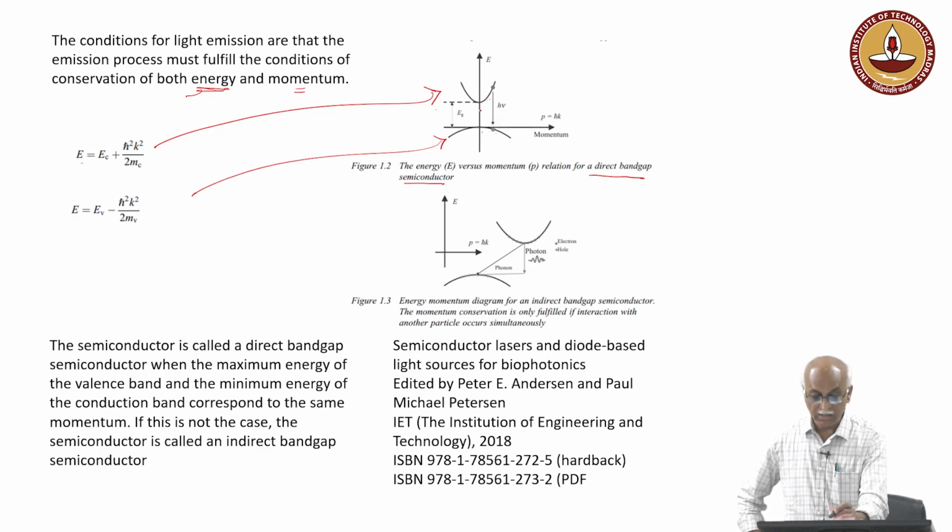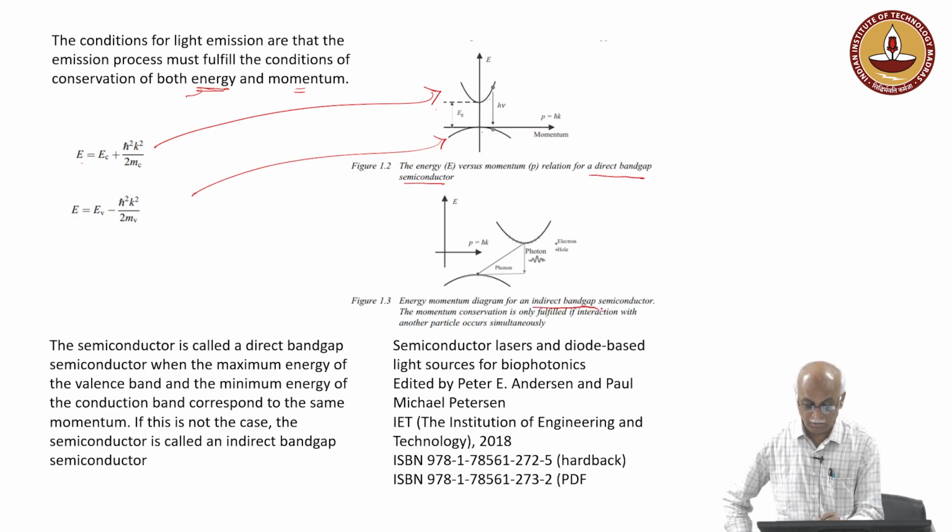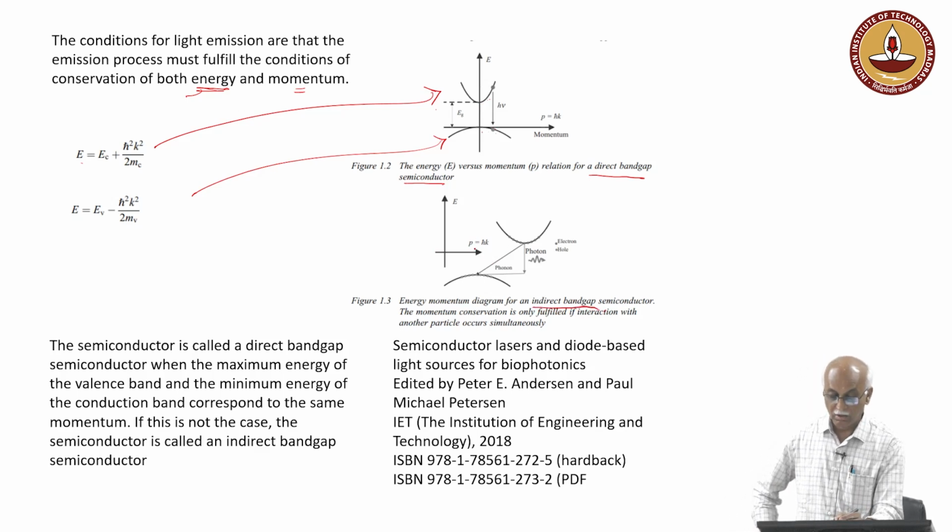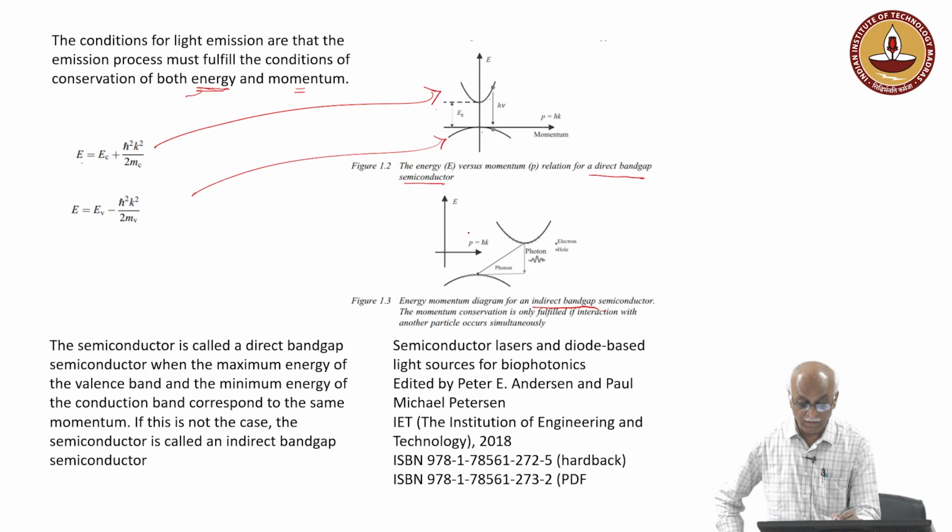photon. But in the case of an indirect band gap semiconductor material, what happens is that a momentum mismatch is observed between the electron and the hole, and this momentum mismatch results in photon generation along with some phononic losses.